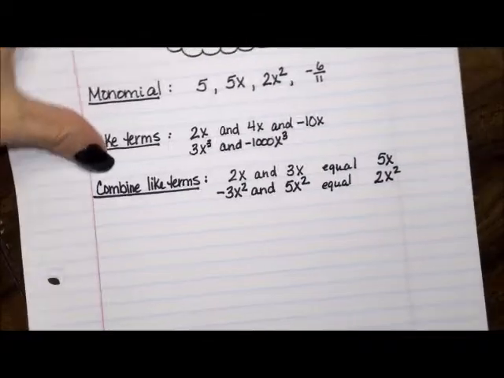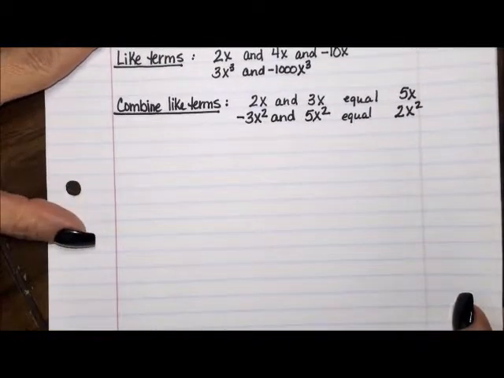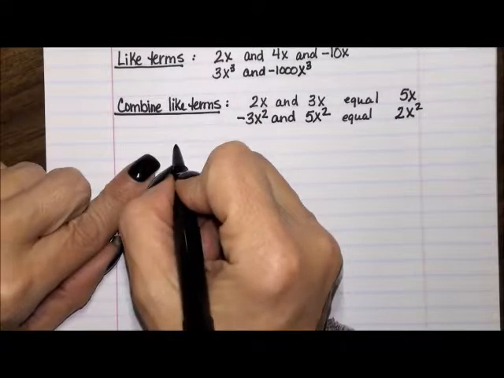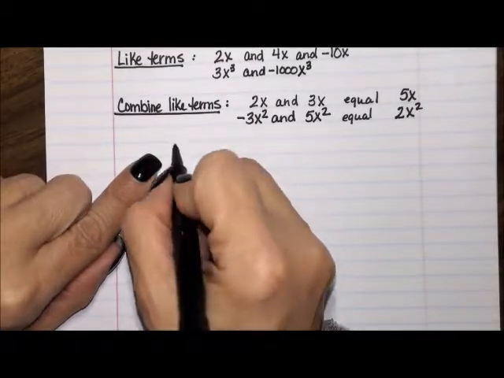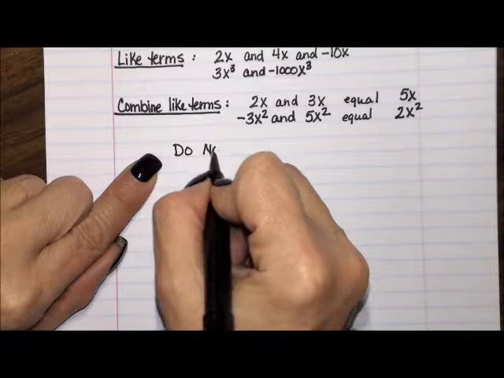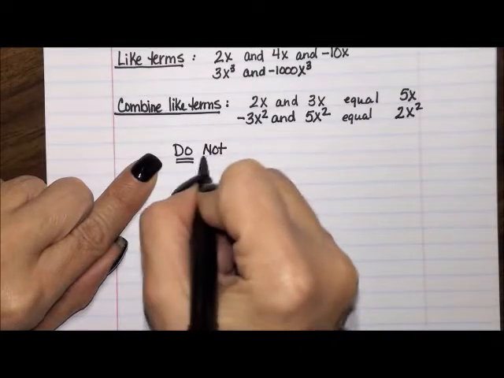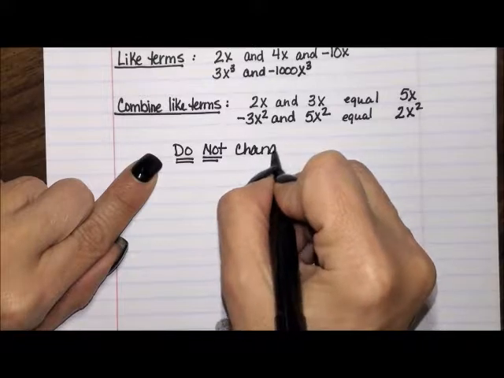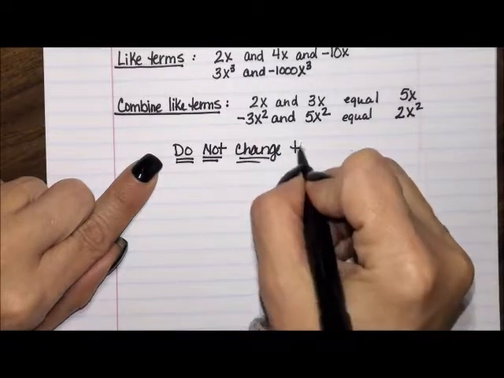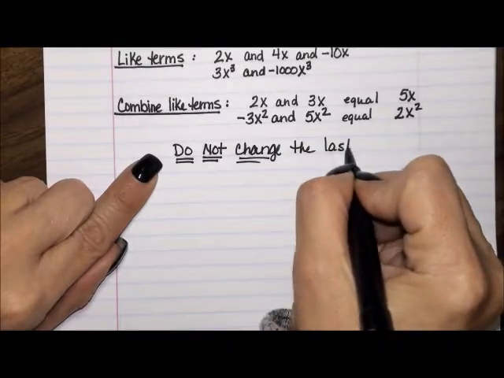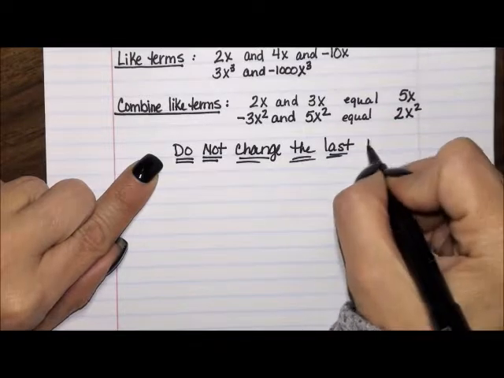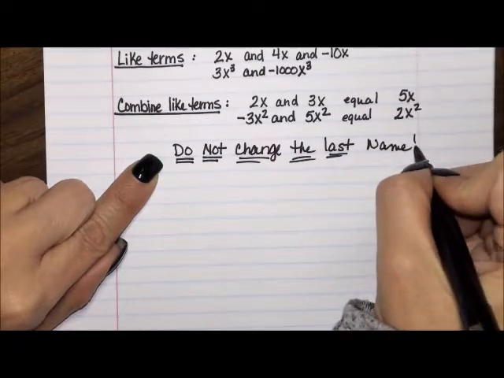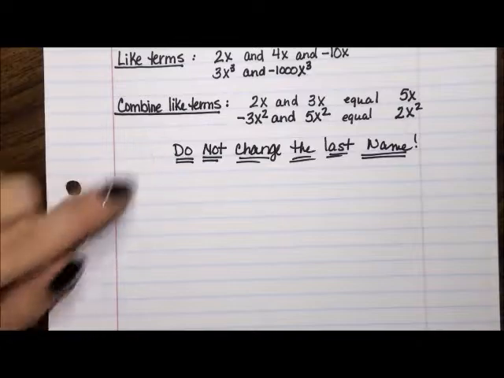It's there forever. Yes, girls, we get married and we change our last name, but we still sometimes carry our maiden name. So let me write this. Very important: do not change the name of the family. Don't change your last name.